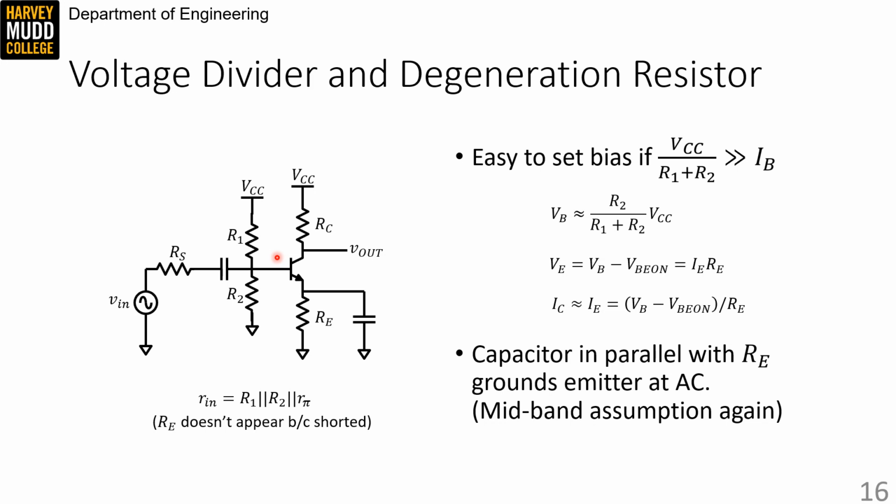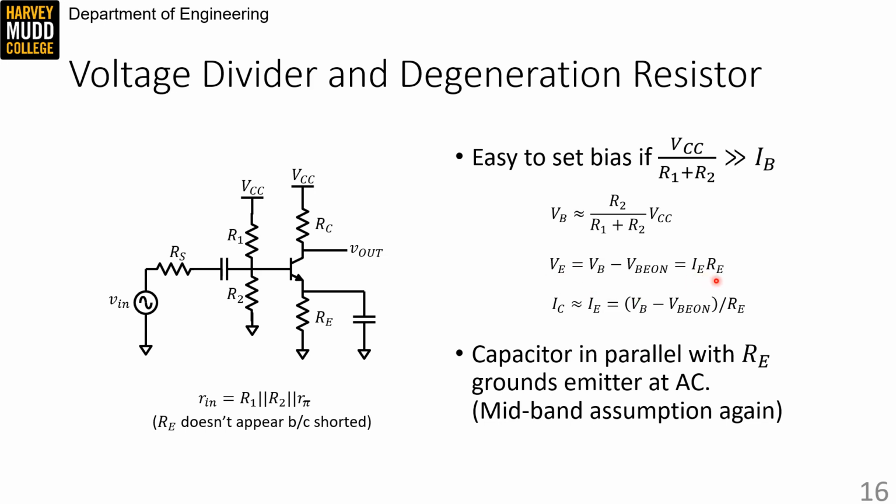Once we know VB, we know that VE is just a diode drop below it, so it's equal to VB minus VBE on. We also know that VE has to be equal to the current out of the emitter multiplied by RE. So VE is equal to IE RE.